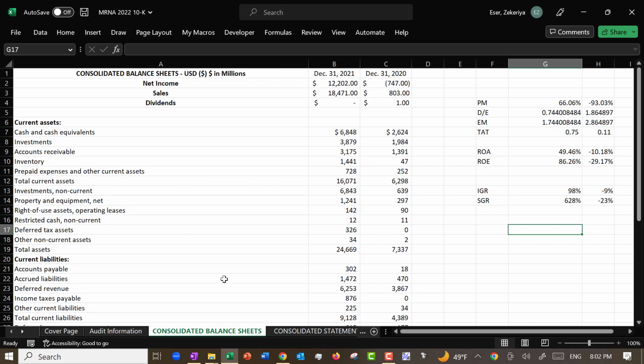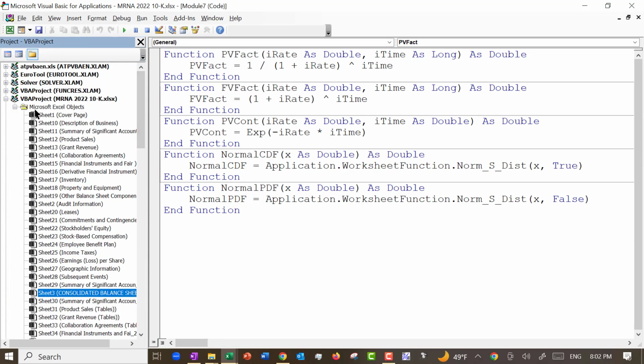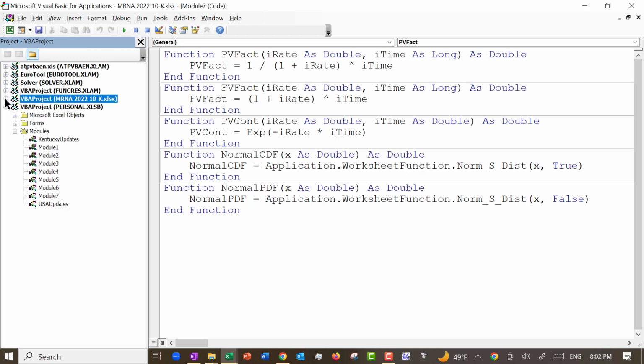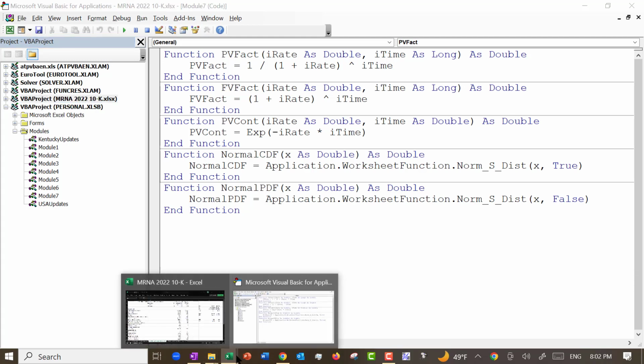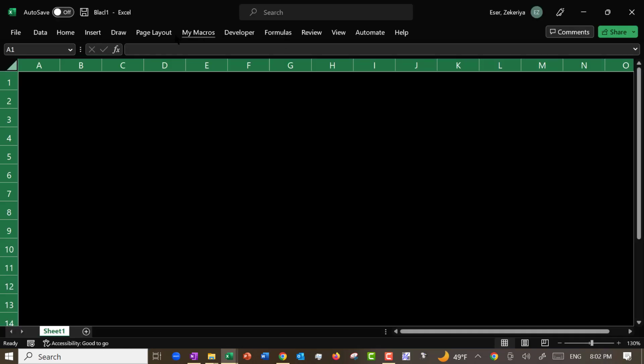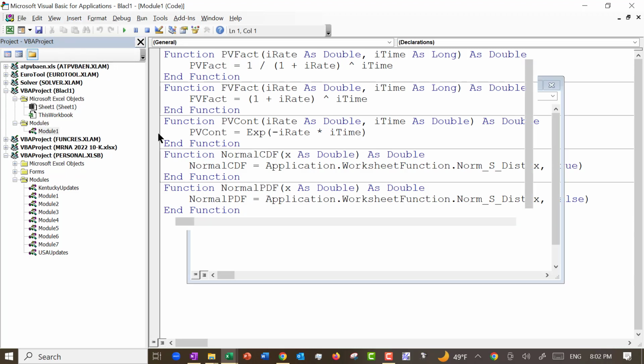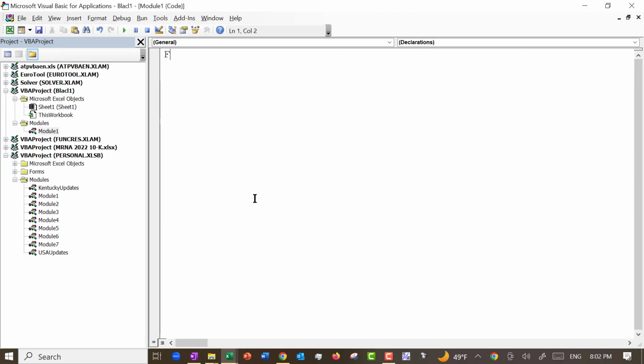Let me give you an example while you're doing that. I'm going to do a new sheet. Function.